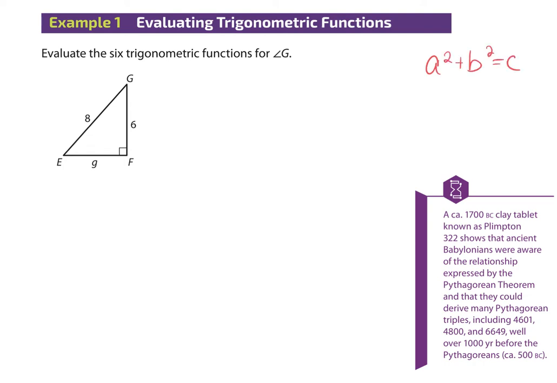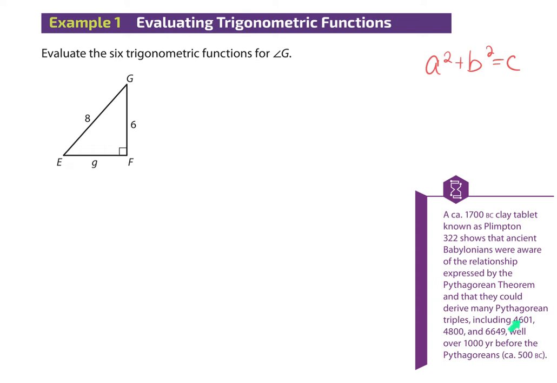I pulled this little bit because I actually do love math history. Pythagoras is credited with it, but the Pythagorean theorem was used long before Pythagoras. We have actual documentation. Clay tablets show ancient Babylonians were aware of this relationship. When the Egyptians built the pyramids, they had to have known this relationship.